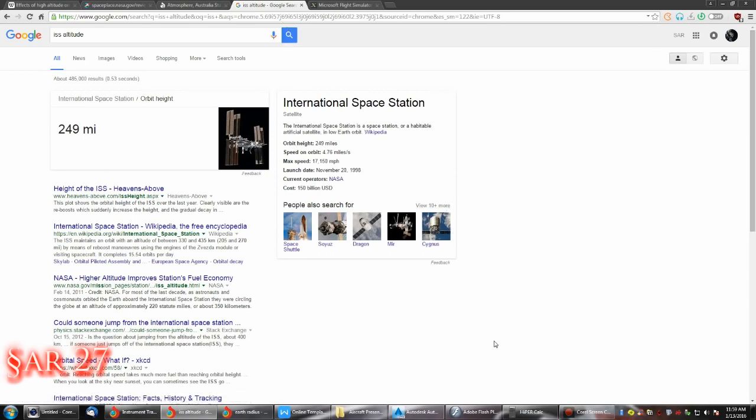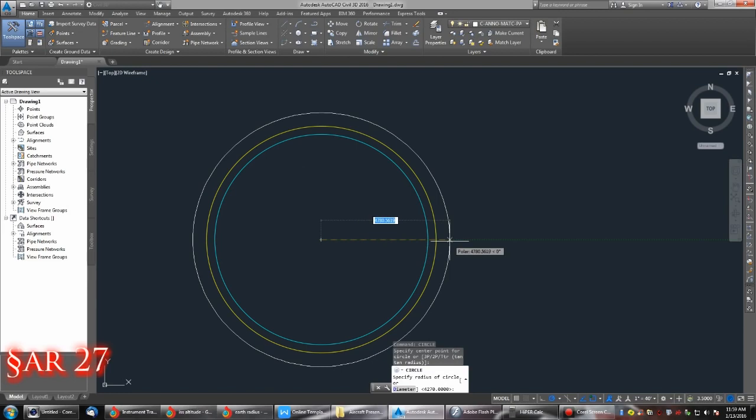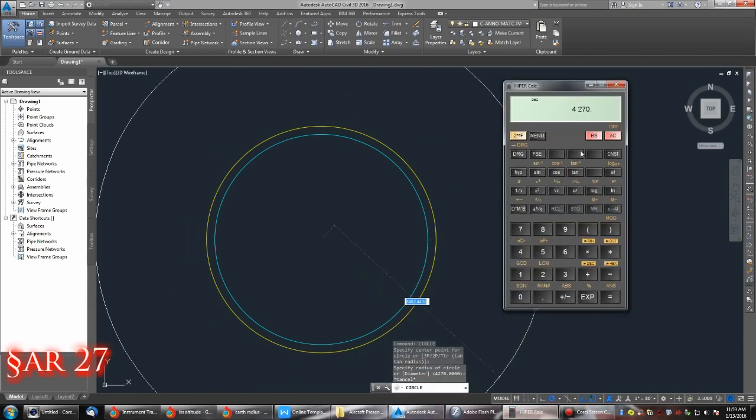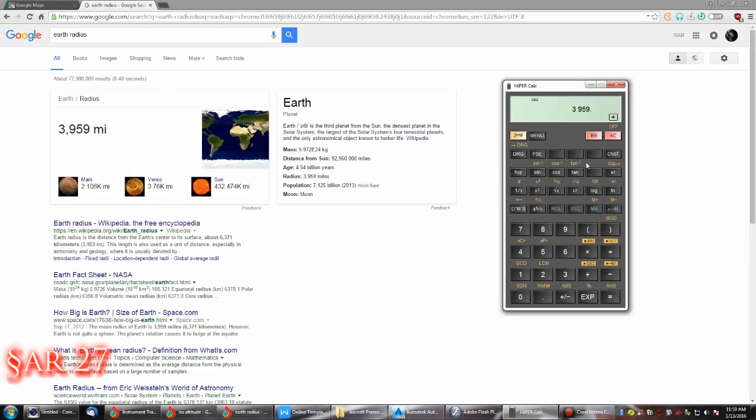And I'm going to take 3,959 miles plus that to get the distance. Gotta get the calculator first. Plus, and to verify, 249, about 250 miles. 4208.